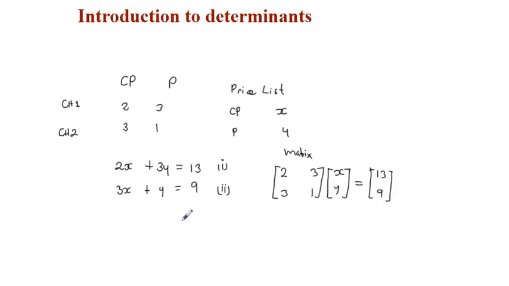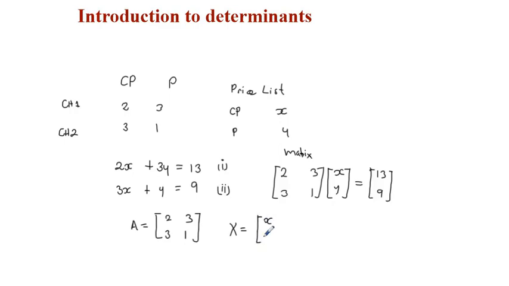And then at the end of the day, we've got three entities here. 1, 2, 3. We've got A, which we can call the matrix of the coefficients, 2, 3, 3, 1. And then we've got this matrix here, X. You'll see the reason why I'm calling it X soon.